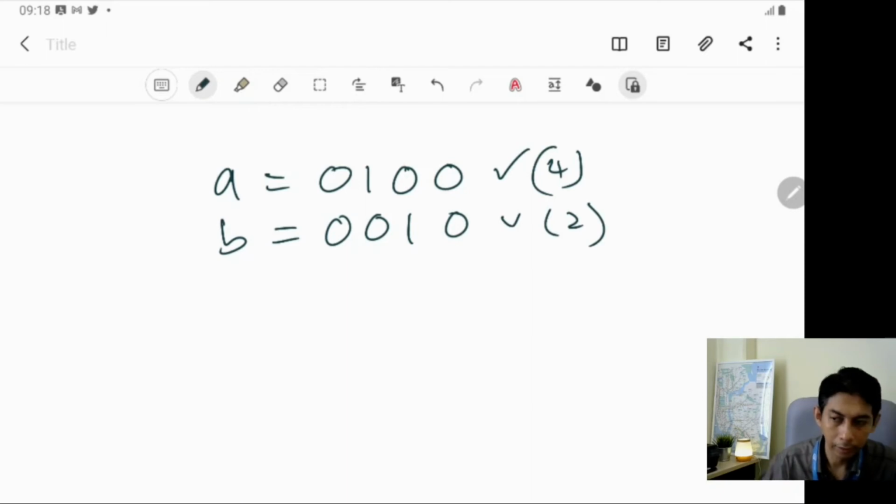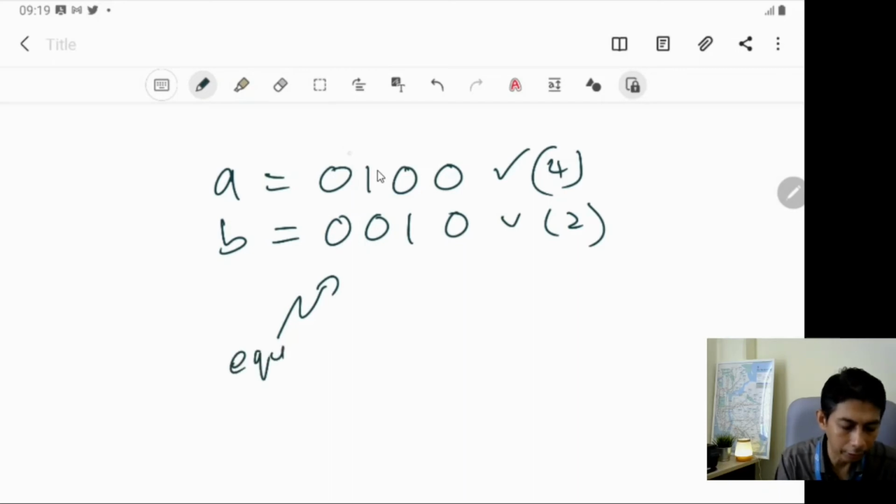And we can see that here we can use the previous idea. For example, this one is 0, this one is 0, so we can check one by one. So this one is not equal, this one is equal.